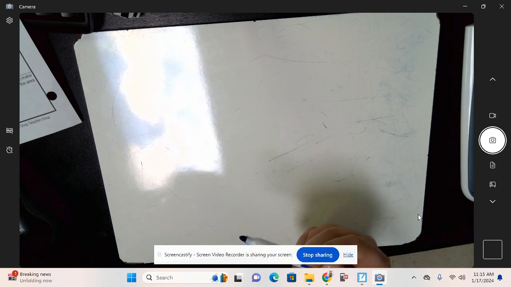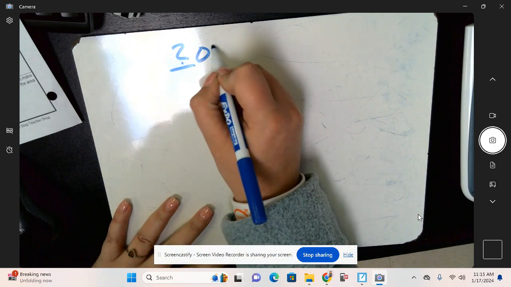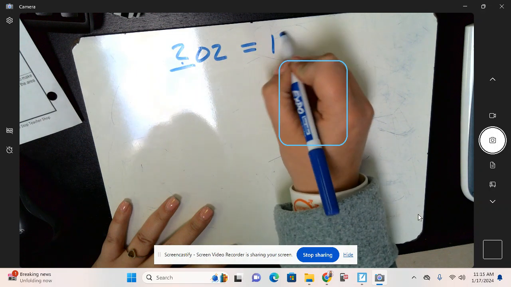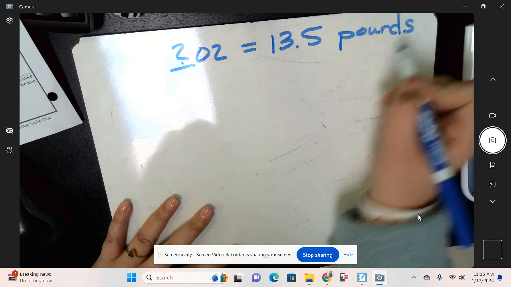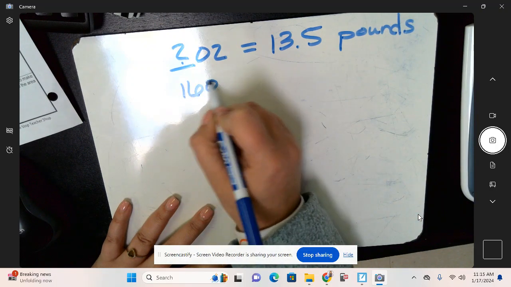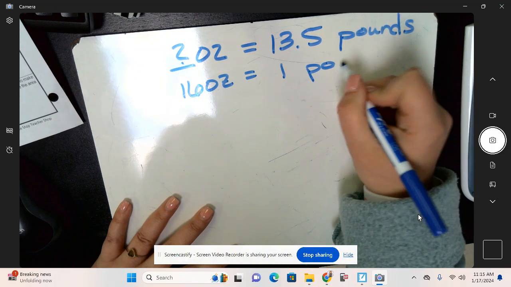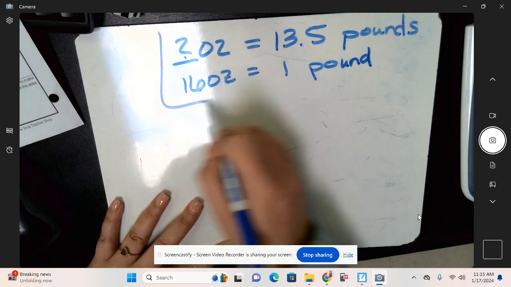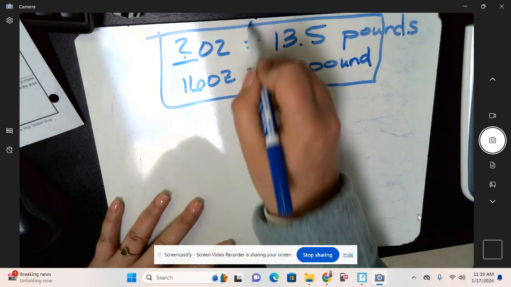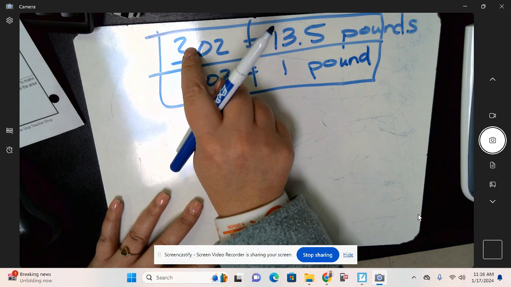Number 13 says, how many ounces are there in 13.5 pounds? So we're looking for how many ounces are in 13.5 pounds. Well, we know that there are 16 ounces in 1 pound. And so if we set it up this way, it kind of creates a ratio box in a way, where we're looking for this box right here.